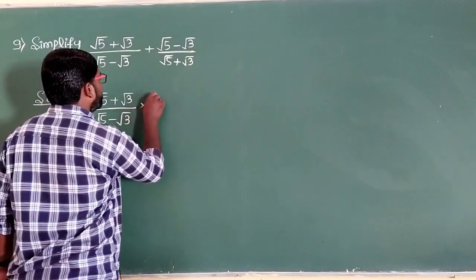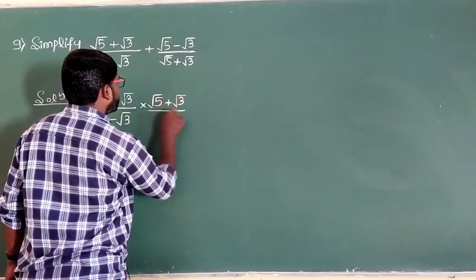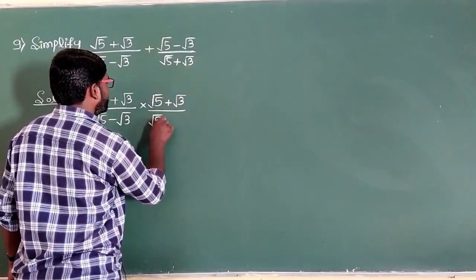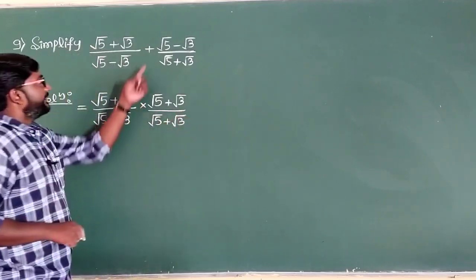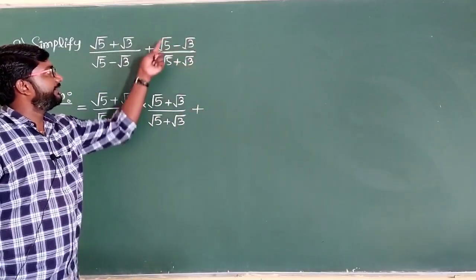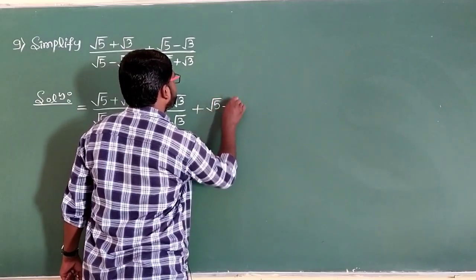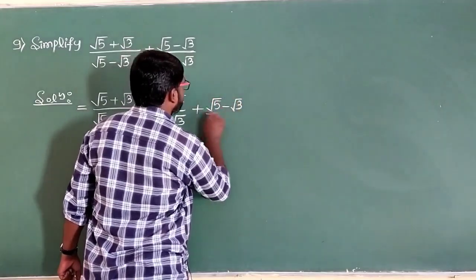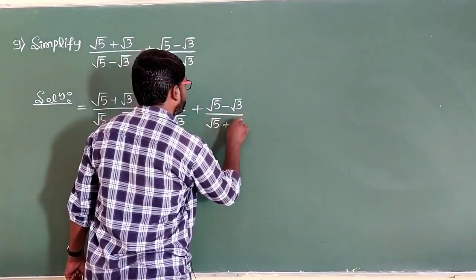We get root 5 plus root 3 divided by root 5 plus root 3. Then I write this plus sign as it is. Then write this second term as it is: root 5 minus root 3 divided by root 5 plus root 3.